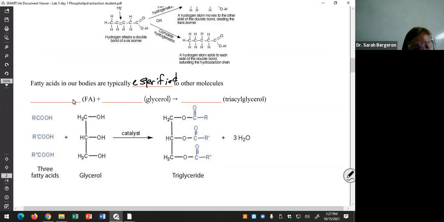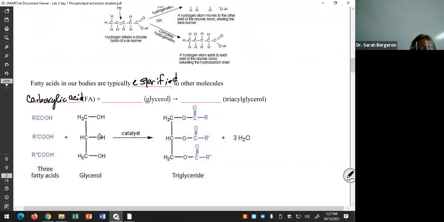If we have a fatty acid, in that fatty acid we have our carboxylic acid, right? So here are our three fatty acids. Do you notice how I just put an R here? Because really what I care about in this esterification is our carboxylic acid. You recognize that as carboxylic acid, right? COOH, it's just another way to write it.